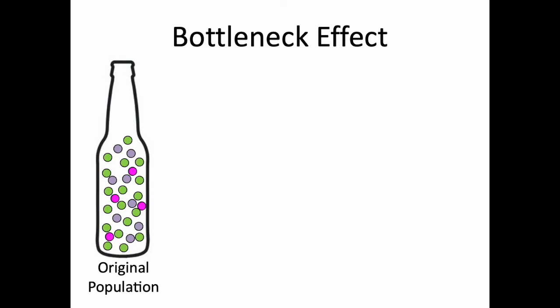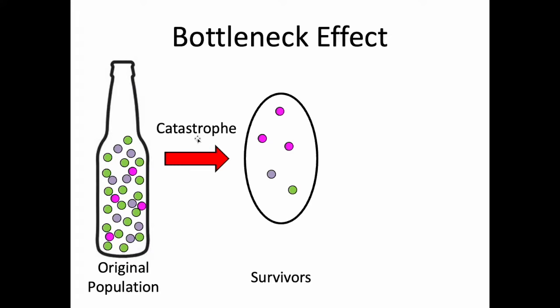So what does this do? Well, here's my crudely drawn bottle here with an original population of some of these purple alleles, some of these green alleles, some of these gray alleles, and let's say we have some sort of catastrophe, and the survivors are this. These are just the ones that happen to be in the right place at the right time to survive this catastrophe.